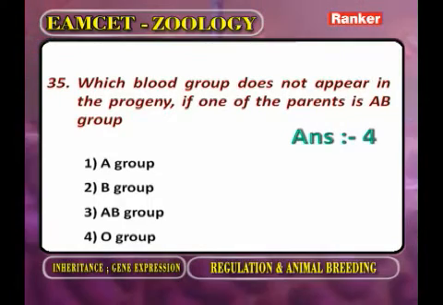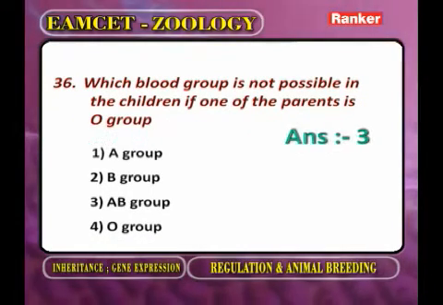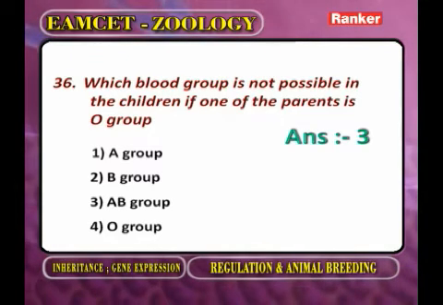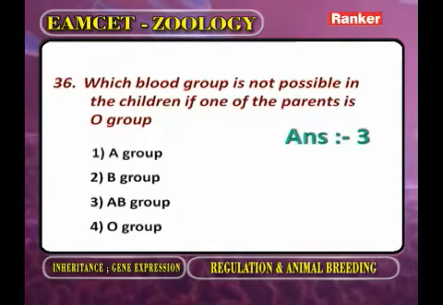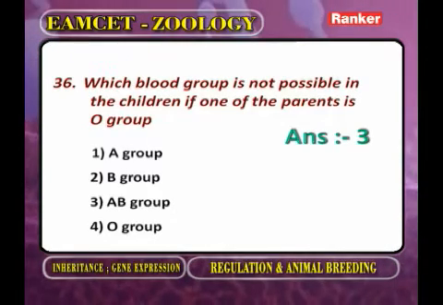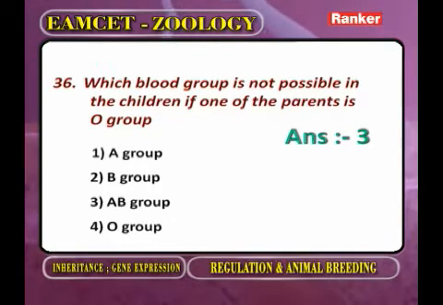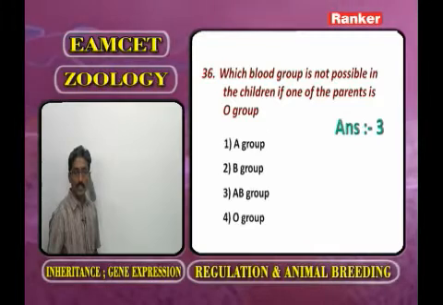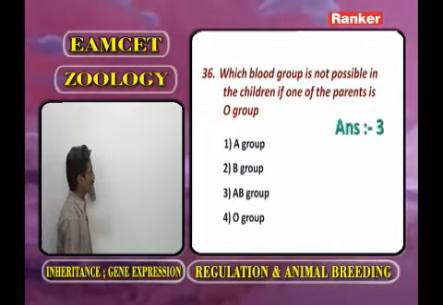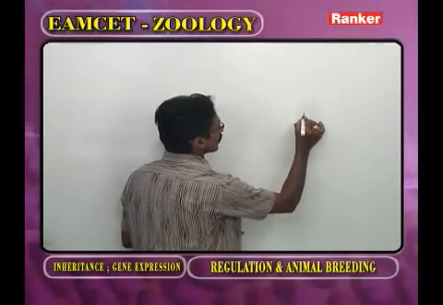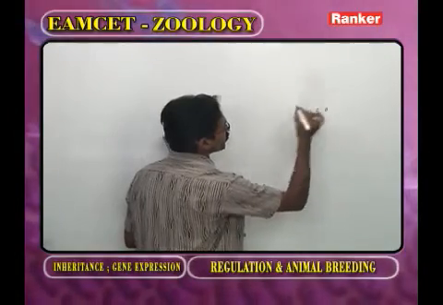Now the next question: which blood group is not possible in the children if one of the parents is O group? Now you observe the question. We know very well the O group is IOIO.